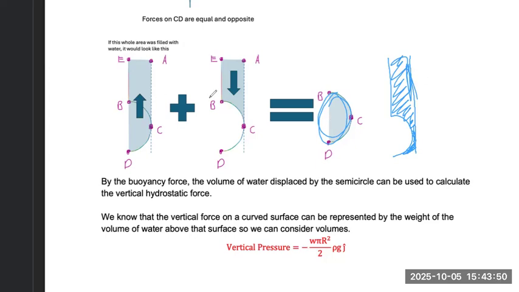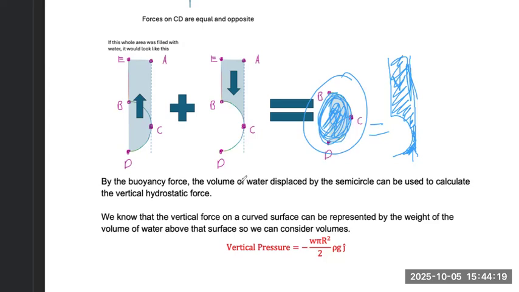Because as we saw previously, you can rewind to that section. The pressure and the force in here must balance out these two pressures. So because they must balance out, the magnitude is equal to each other. So we can simply calculate the weight of the volume of water in this semicircular area, this semicircular volume.